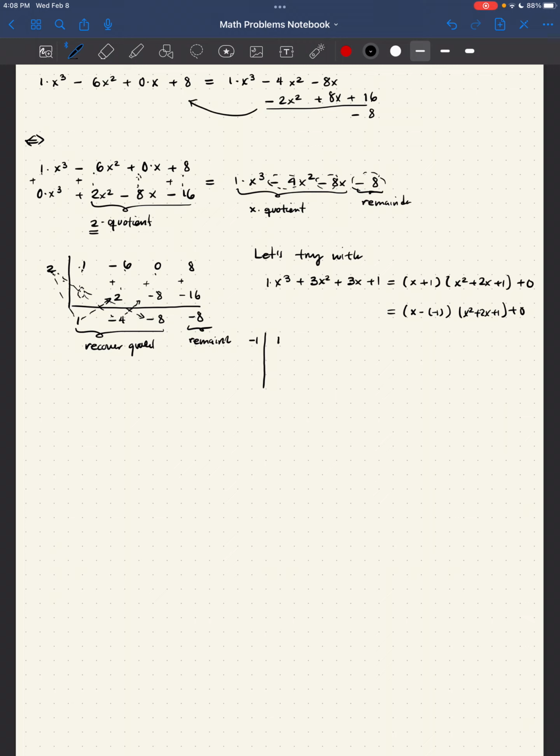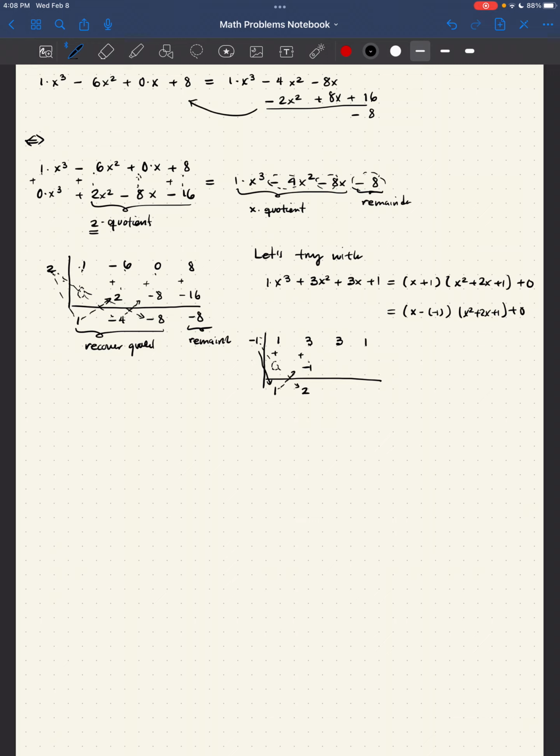So that would be, in decreasing order of degree, 1, 3, 3, 1. Then I introduce this phantom 0. And I start my process. I add these 2, I get 1. I take this number, multiply it against this one, and place it here. That's a negative 1. Then I add these 2, I get 2.